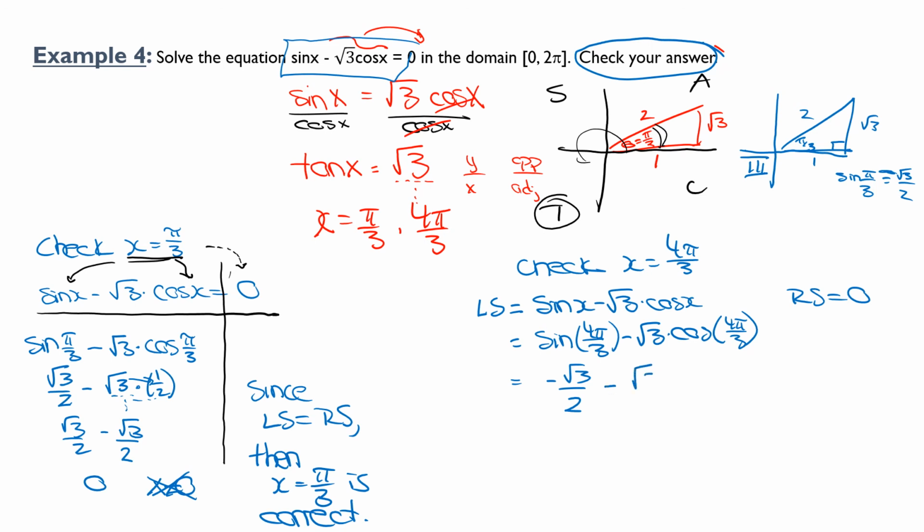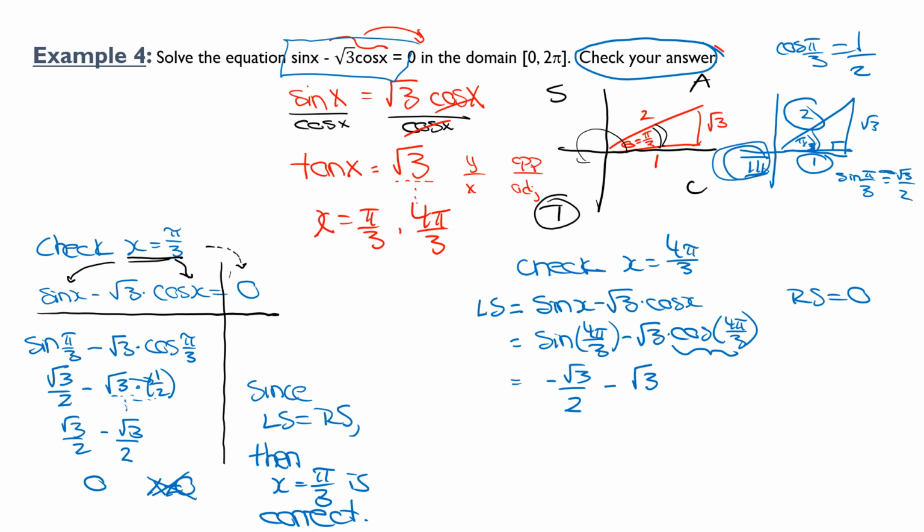Subtract root 3 times cos of 4 pi over 3. So cos of pi over 3, up here in the top right. There's pi over 3. Cos is adjacent over hypotenuse. It's 1 over 2. But 4 pi over 3 is in quadrant 3.